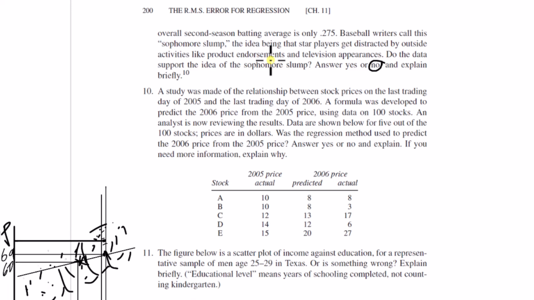That does seem kind of silly, because you're already well above the league batting average. You had a great year, and the second season you're batting 275. That's still greater than 260. You're still doing well. So, yeah, this is the regression effect.